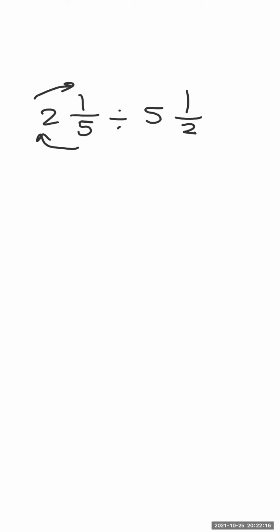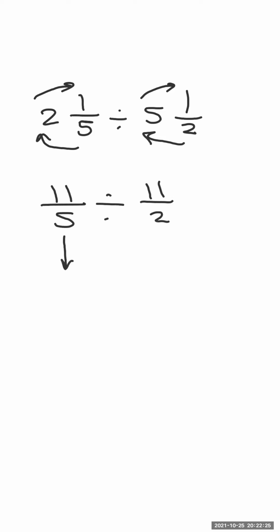Okay, the next question is 2 and 1 over 5 divided by 5 and 1 over 2. What will be the new point here? Nothing. We said that whenever you see a mixed number, convert it into an improper fraction. So 2 and 1 over 5: 5 times 2 equals 10, plus 1, 11 over 5, divided by 2 times 5, 10 plus 1, 11 over 2.